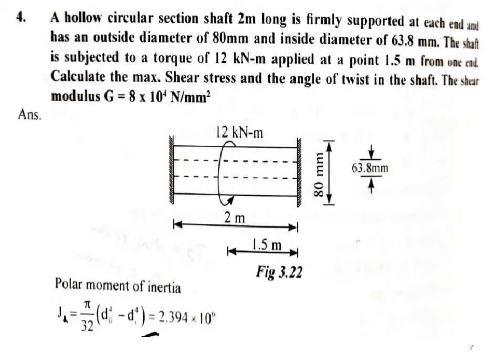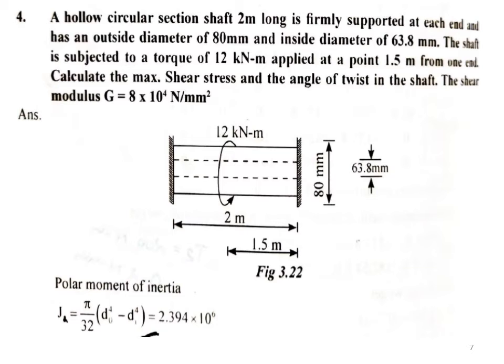The shaft is subjected to a torque of 12 kN meter applied at a point 1.5 meter from one end. Calculate the maximum shear stress and angle of twist in the shaft. The shear modulus G is equal to 8 into 10 to the power of 4 Newton per mm square.